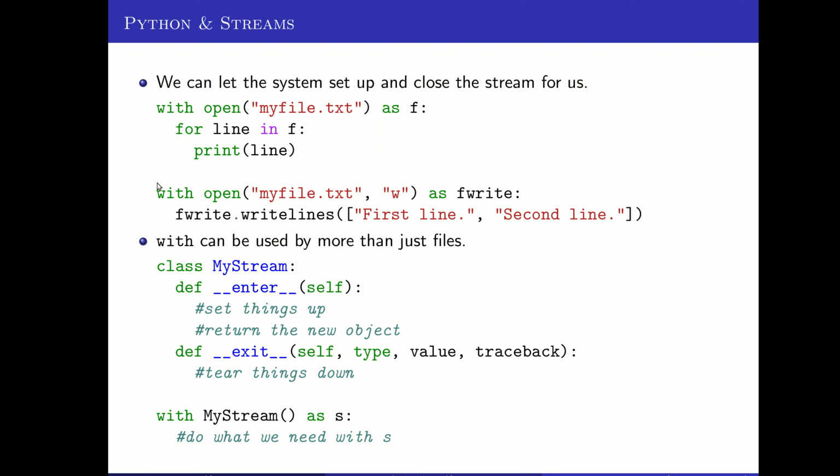And then similarly, even this with keyword, which is a special thing in Python, is set up as a possibility that can become the one obvious way to handle anything that needs setup and teardown, like any type of stream that you might need to use in your program.